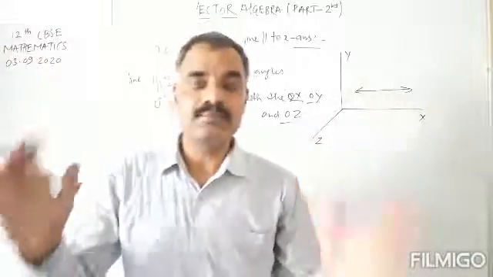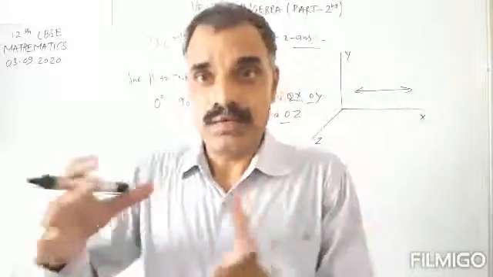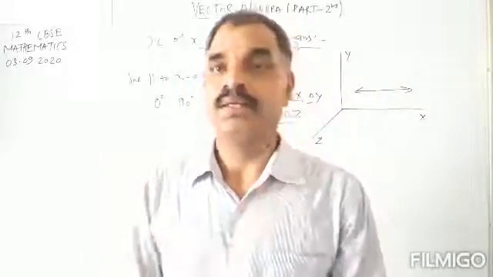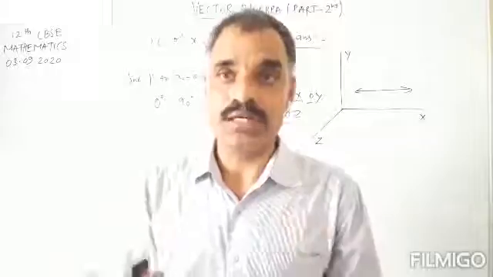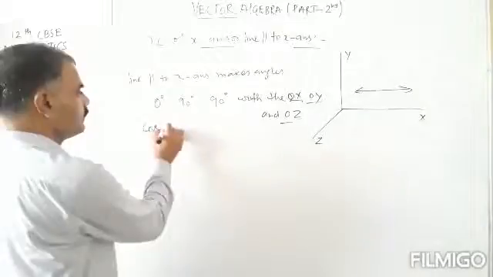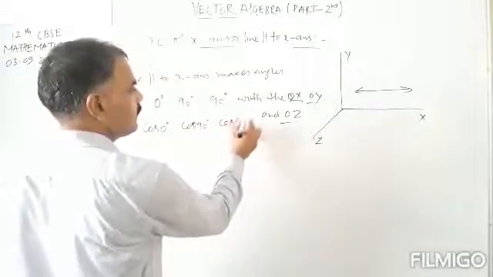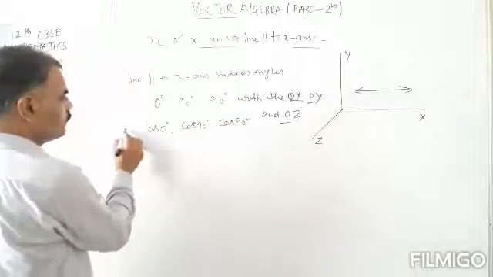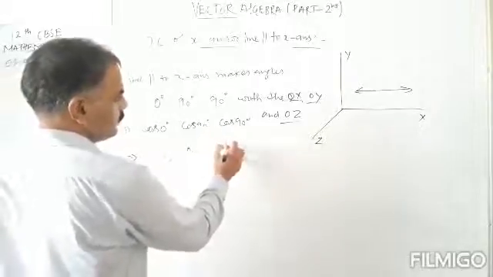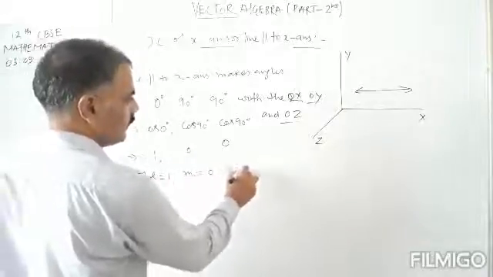We want to find the direction cosine, so let us take the cosine of all these angles. Cos of 0 degree, cos of 90 degree and cos of 90 degree. Cos 0 is equal to 1, cos 90 is equal to 0, cos 90 is equal to 0, implies that l equals 1, m equals 0 and n equals 0.